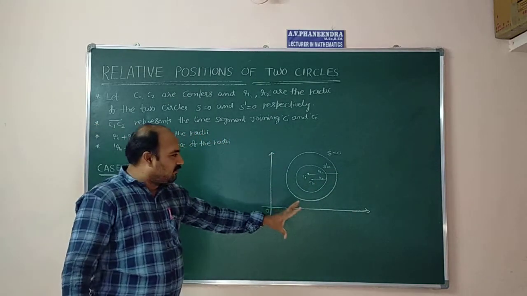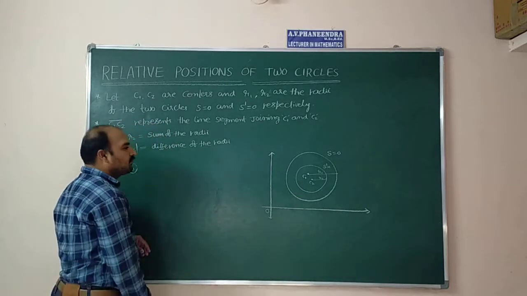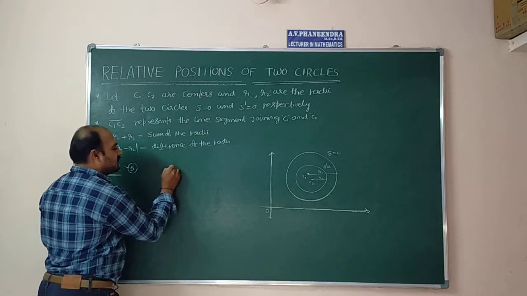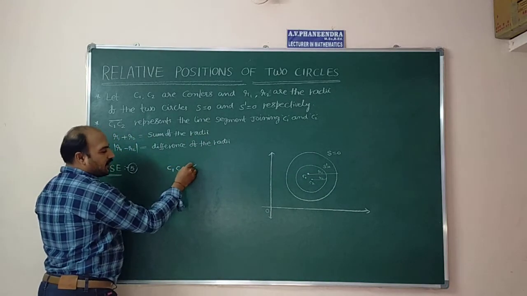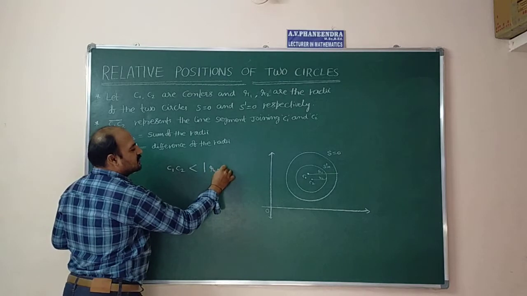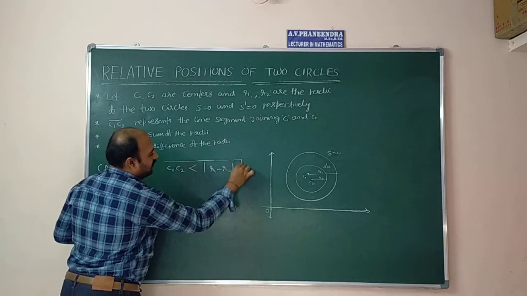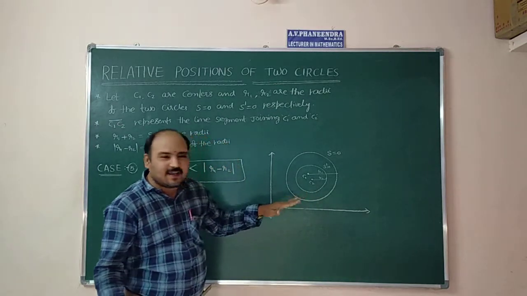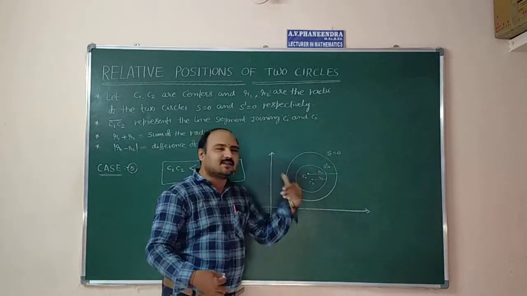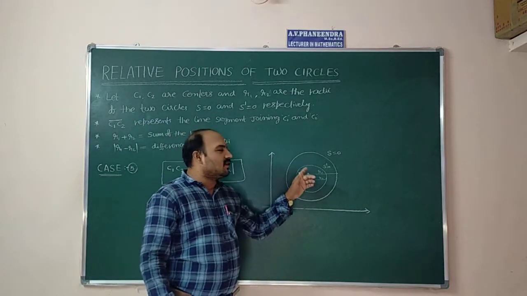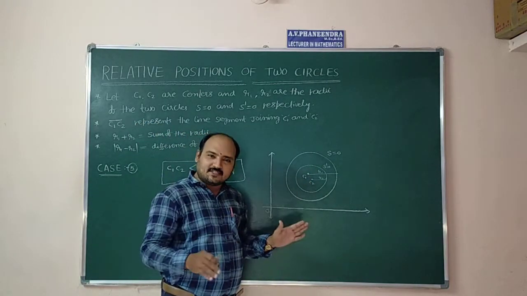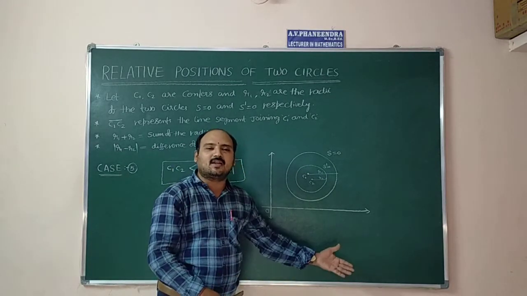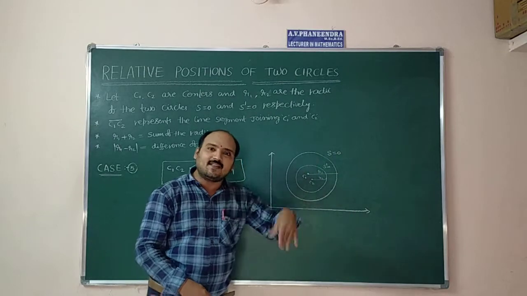In this diagram, we observe that the distance between their centers is less than the difference of radii. When this case is possible, the circles do not intersect, do not touch each other, and one circle is completely lying inside the other.